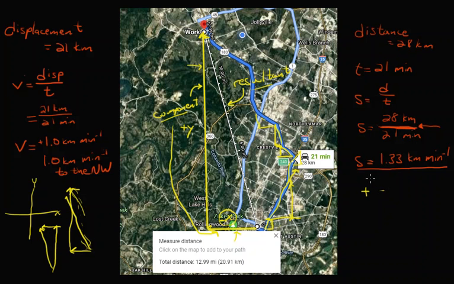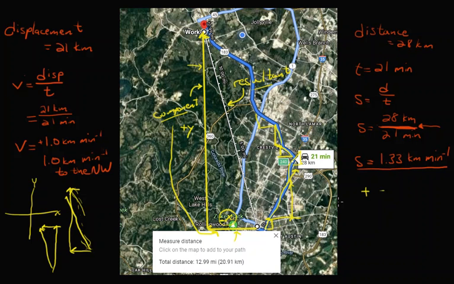Okay, so the main thing to take from this is that the displacement is how far, not the distance, because that's scalar. The displacement is how far you end up in a straight line from where you started out. The distance is how far it took you to get there, right?